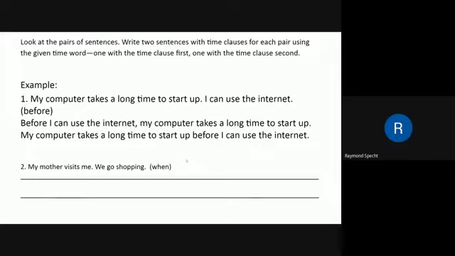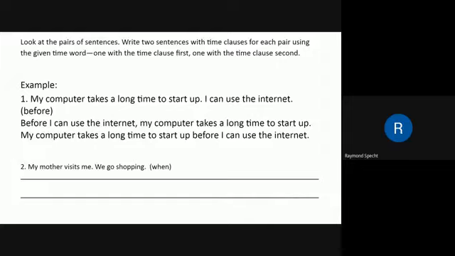All right. Now, my mother visits me. We go shopping. So now, first, I'm going to start out with the independent clause and then put the time clause second. So listen. My mother visits me when we go shopping. What's wrong with this sentence?